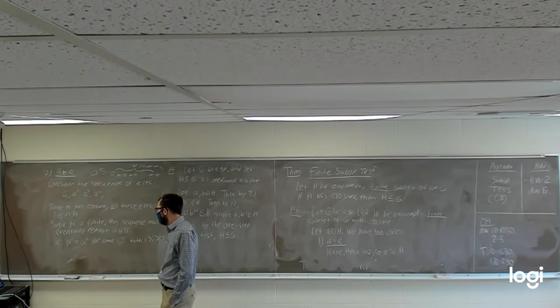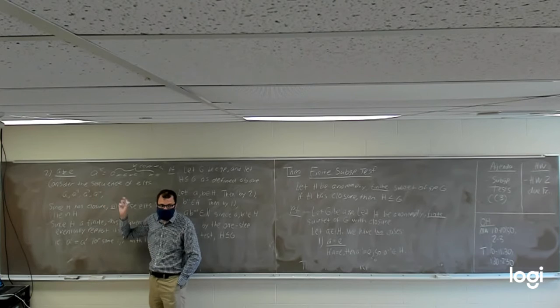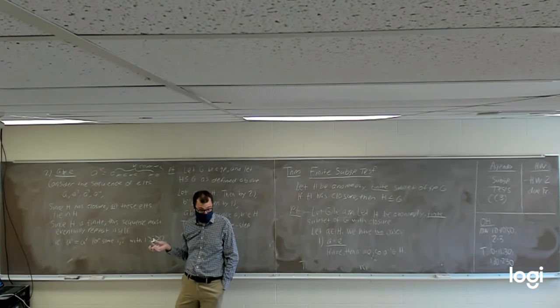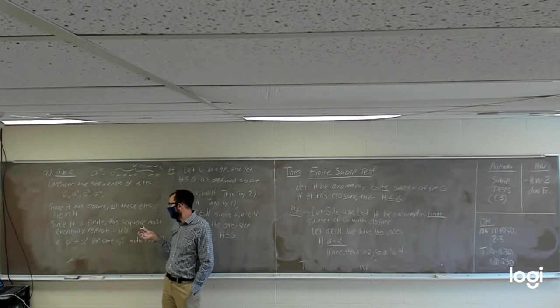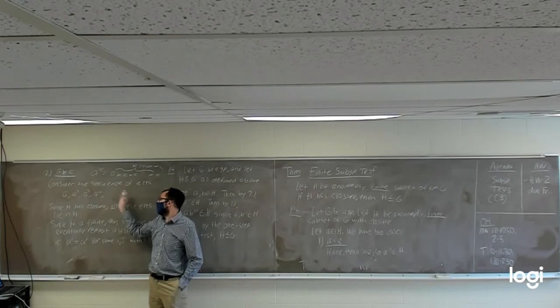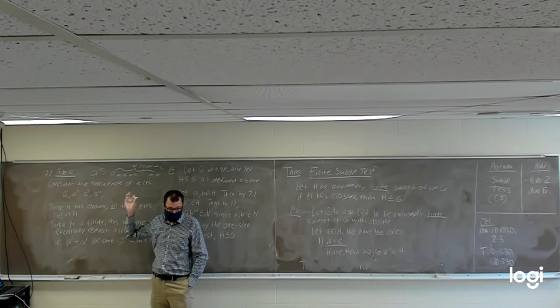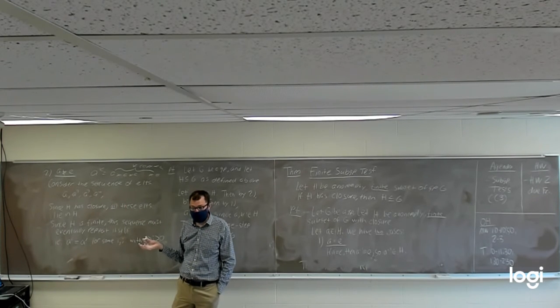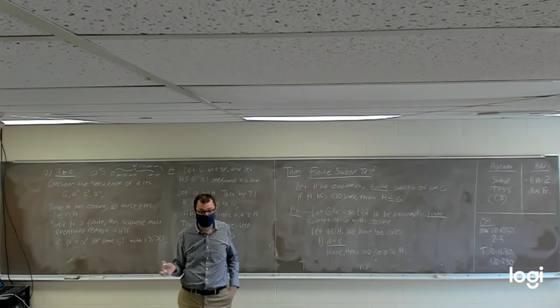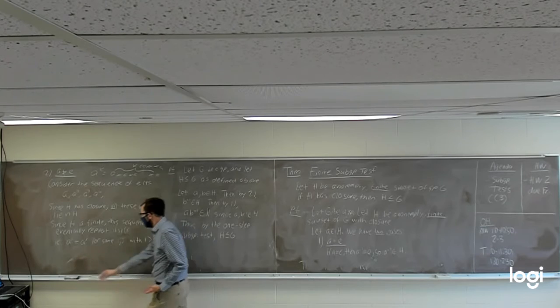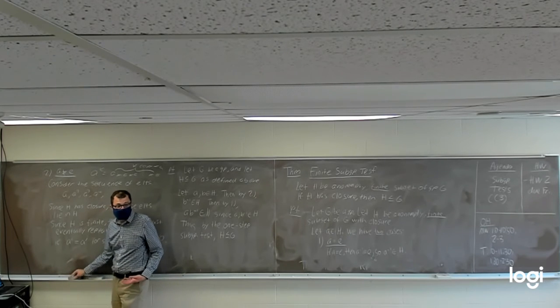So you have to be able to find two different powers of A that are equal to each other. Because if this didn't happen, then all of these would be distinct elements, and we'd have infinitely many elements in H, which would contradict H being finite. Questions or comments so far?